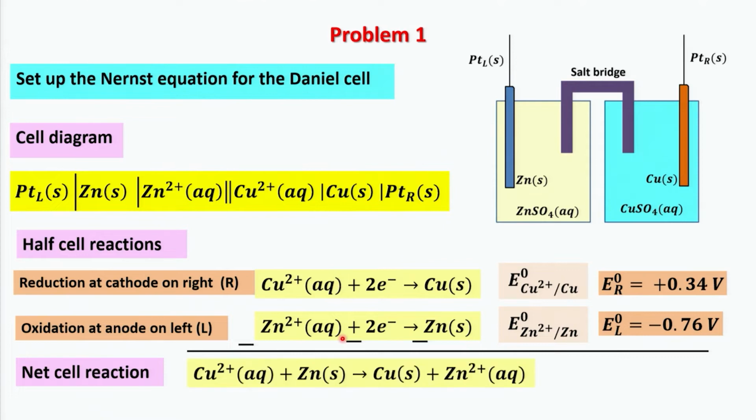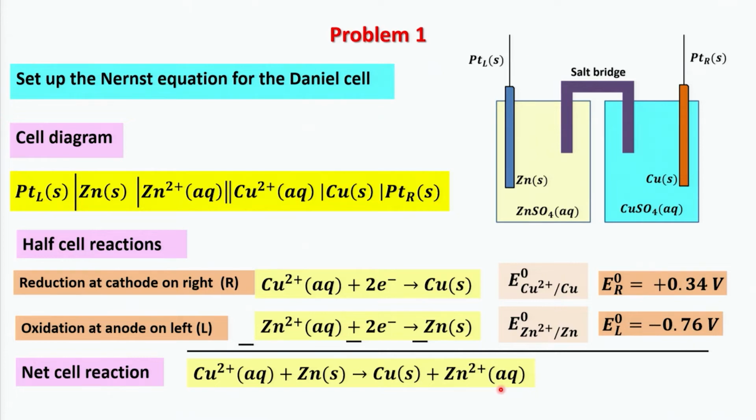So, what do I get? I get as the net cell reaction that copper 2 plus aqueous, which comes here, gets converted to copper solid, and upon reversal I have zinc solid that is now undergoing oxidation, and it is going into the aqueous medium in the left hand side compartment as Zn2 plus.